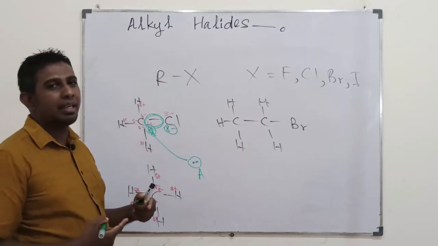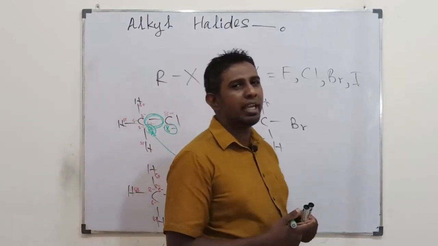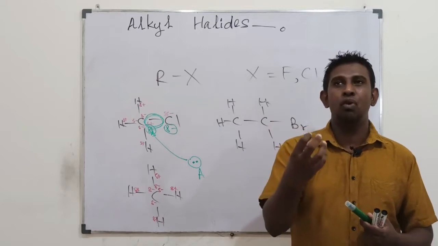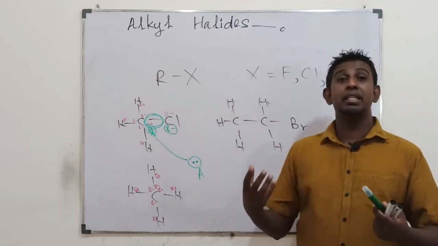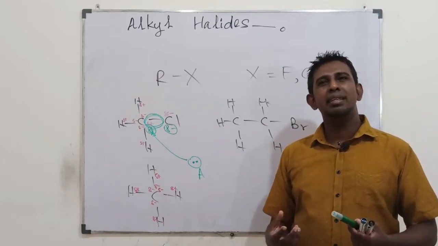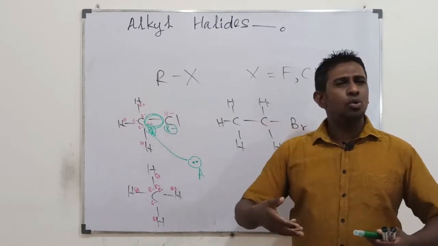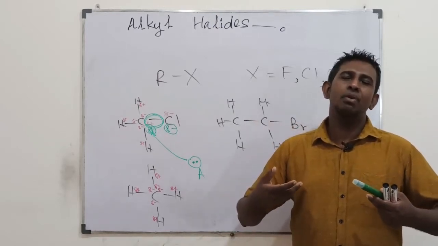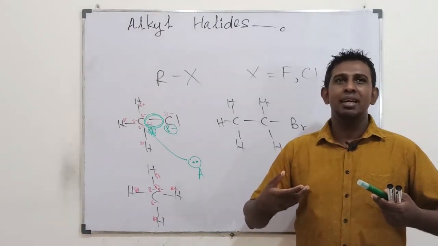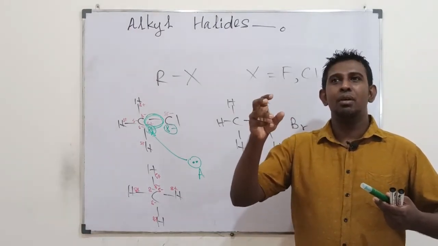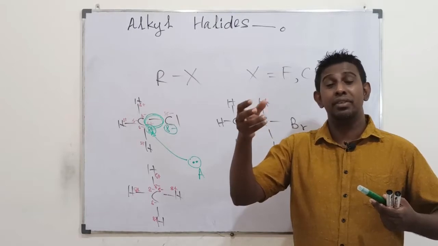So that's what is possible. Therefore, it provides a site for those who come with electrons. Those who come with electrons are seeking positive sites. Therefore, they are called positive lovers, or positive site lovers.